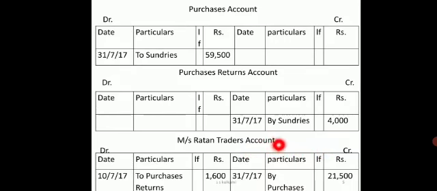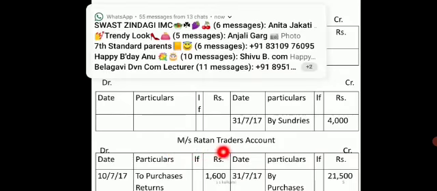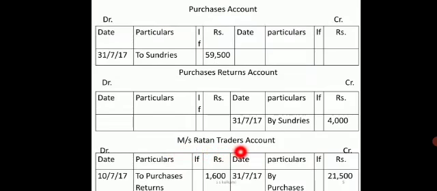Whenever purchases are made, in each and every supplier's account the respective amount has to be credited, and similarly whenever returns are made, they have to be debited with the respective amount. So here we are having on 10/7/17 returns made of 1,600, and on 1/7/17 purchases are made for 21,000. That C3 is appearing by mistake.